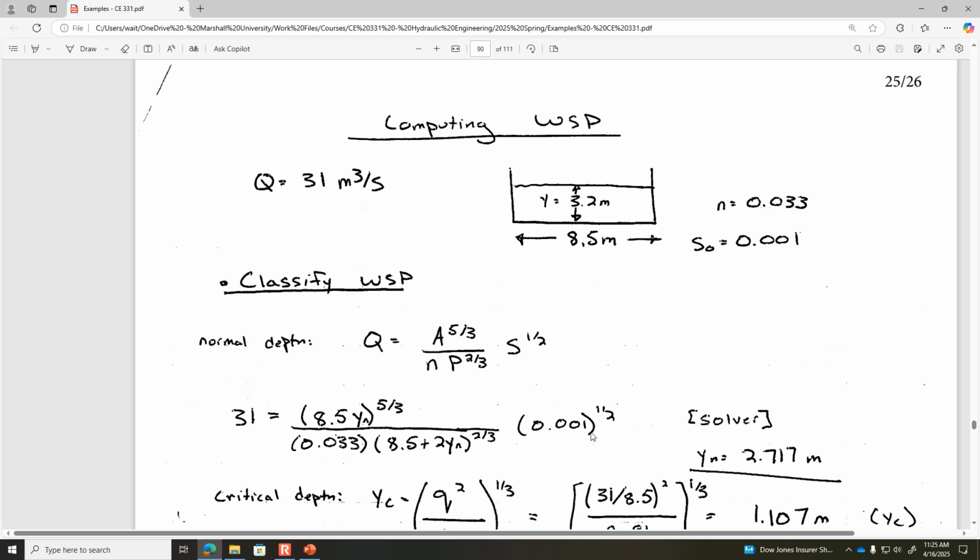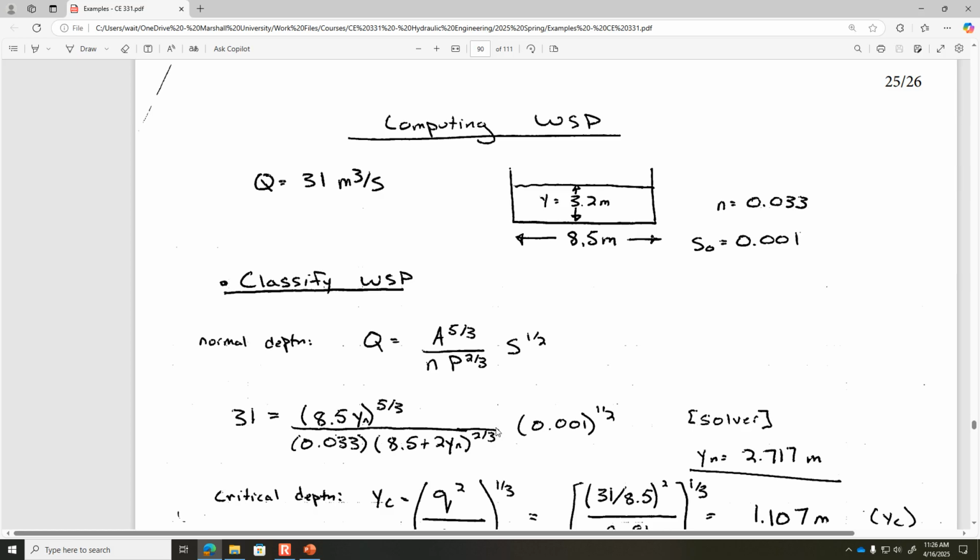And the wetted perimeter is the bottom width of 8.5 meters plus 2 times the depth, since we have the left side and the right side. So then that quantity, the wetted perimeter, is to the power of 2/3. So our only unknown in that equation is the depth. And if you put it into the solver, I think you should get 2.717 meters. I see some heads nodding, so that's always reassuring that you got the same depth as me. So that's the normal depth.